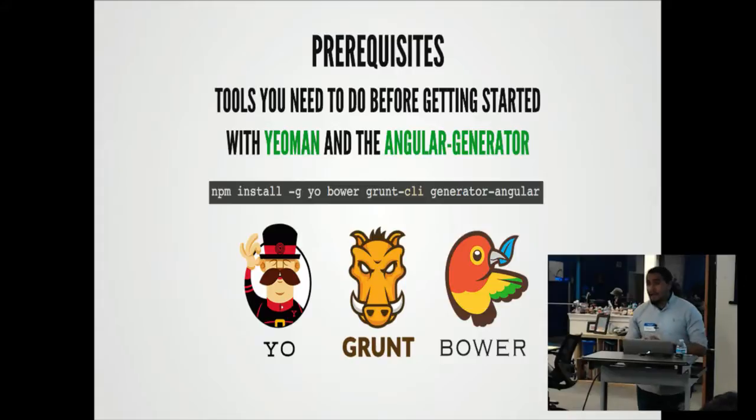Bower is a package manager for the front end. The cool thing about Bower is that it kind of works like NPM for Node. Thing is, NPM gets a little weird, especially when you're importing CSS files. It doesn't really fit, right? When you're importing an NPM file, you're expecting to be able to require the library in your JavaScript file and do something against it.